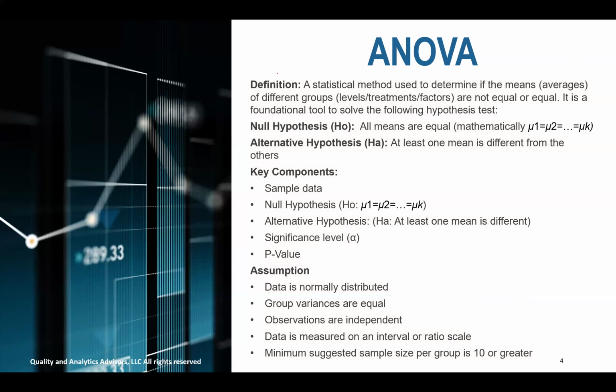There's no difference in the variances. If the variances are different, there is a slightly different methodology called the Welch ANOVA. And we're not going to cover that in this content. The other one is that the observations are independent, that the data is measured on an interval or ratio scale, and that the minimum sample size is going to be 10 or greater per group.